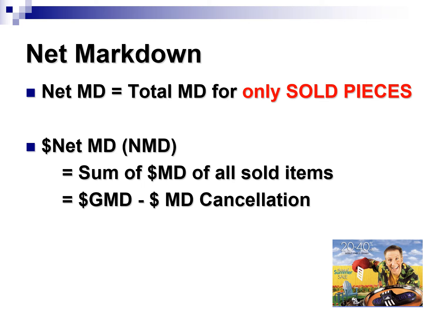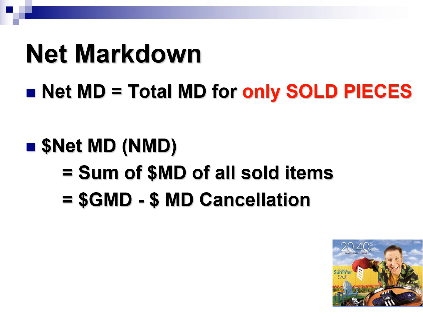Given this concept of gross markdown, markdown cancellation, and net markdown, we can easily see that the dollar net markdown, which is the sum of the dollar markdown of all items that were sold, would be the gross markdown dollar minus markdown cancellation. Gross markdown, like I said before, is markdown dollars of all items, whether they were sold or not, including both sold and unsold items.